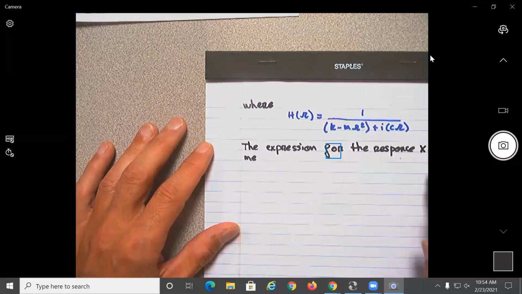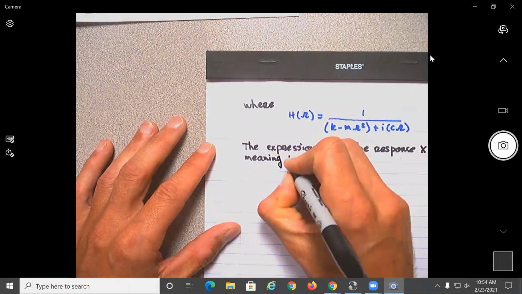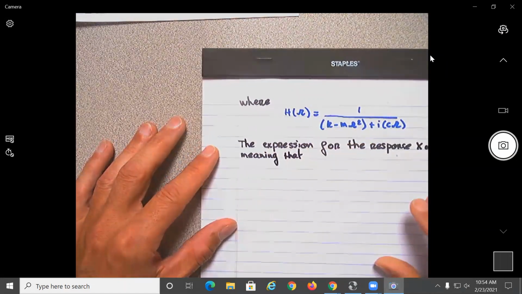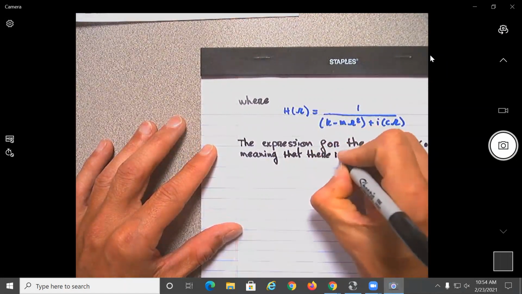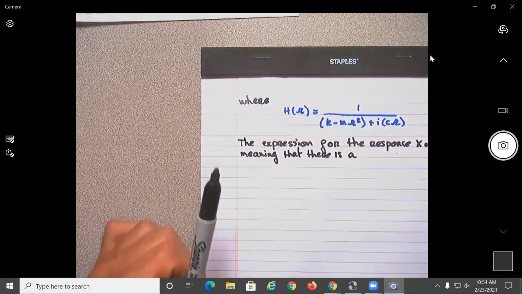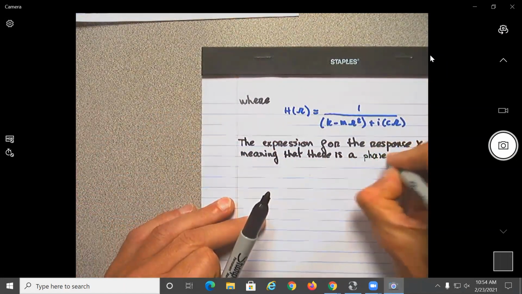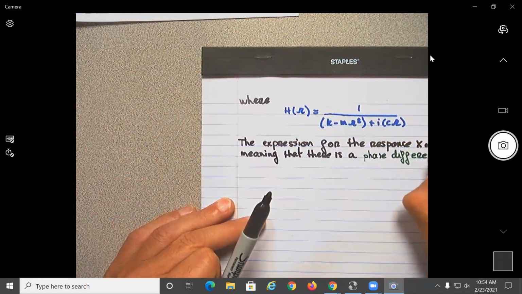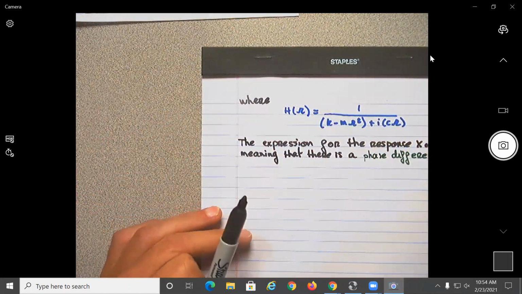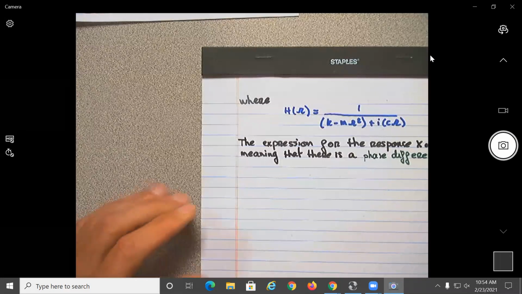The expression for the response x is complex, meaning that there is a phase difference, but basically it means there is a delay in time between the force and when the object is really feeling the force, no? Or the velocity.